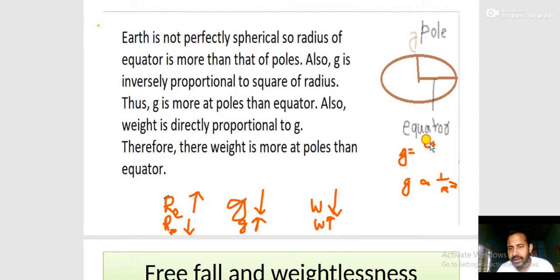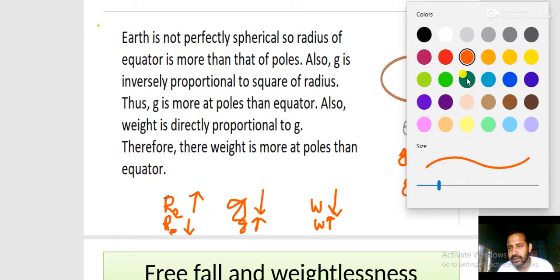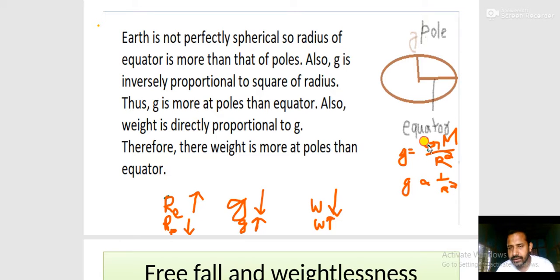That's why g is inversely proportional to r square. If G is constant and mass of the earth is also constant, we remove that constant.